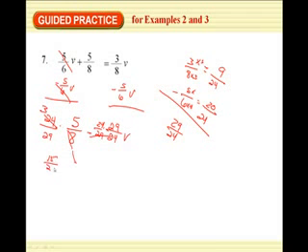15 over 29. Ooh, I don't know if that's right. Did I write it right? Oh, you guys, you probably caught this. Look, I was supposed to subtract over here. 9 minus 20 is negative 11/24.